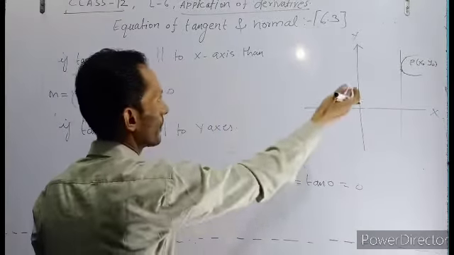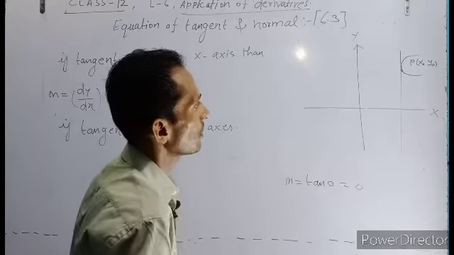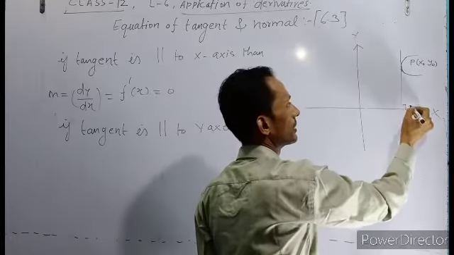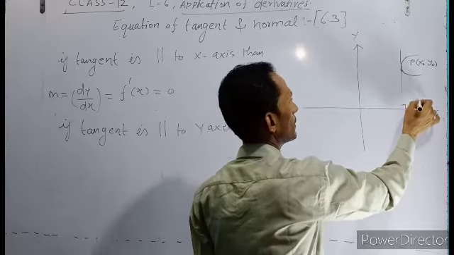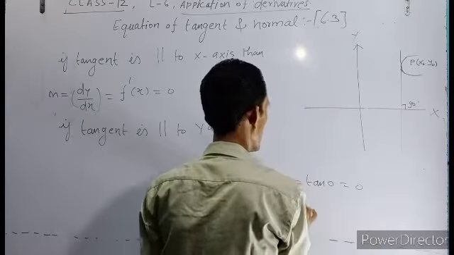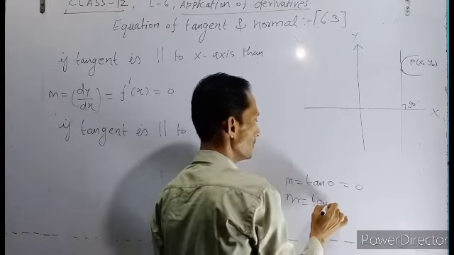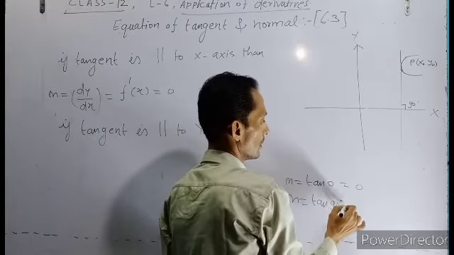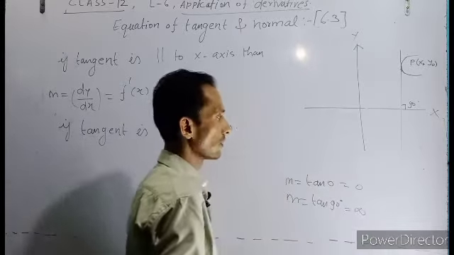Then the slope of this tangent, you can see, is perpendicular, 90 degrees. Hence m equals tan 90, or infinity, so not defined.